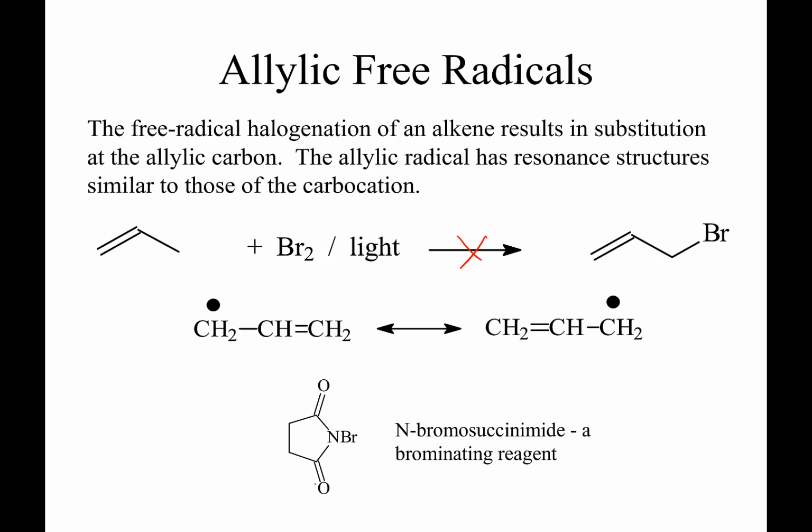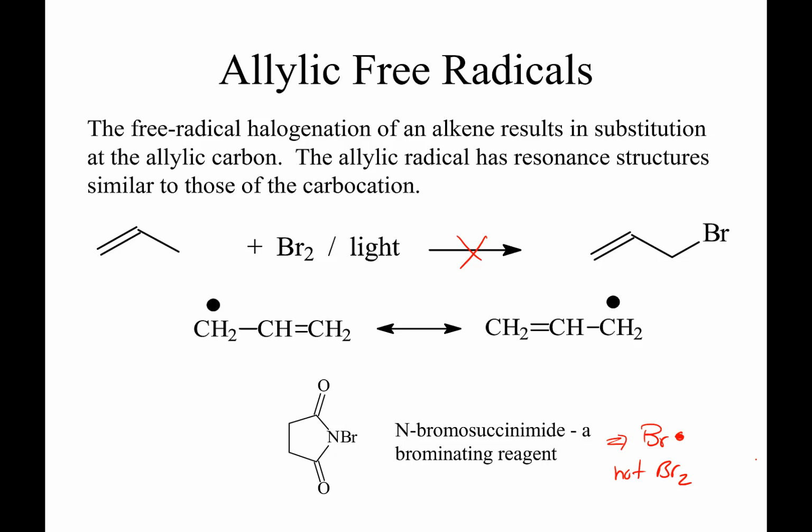So this reagent will actually produce Br dot. It will produce bromine atoms when it's heated. But it will not produce molecular bromine, which would then add to the double bond. So this is simply a source of a Br dot, not Br2.